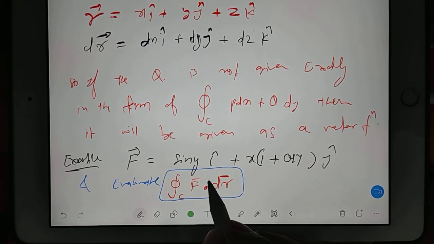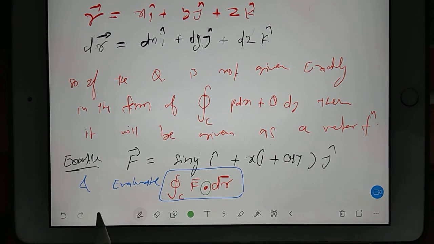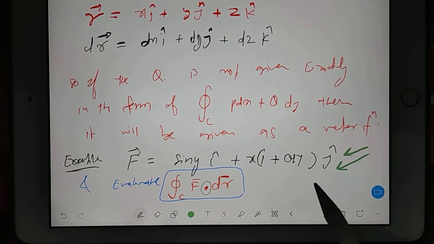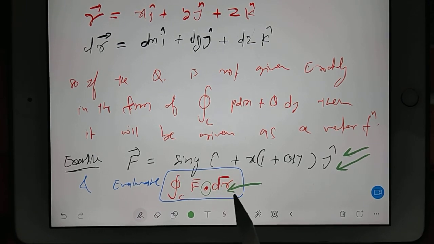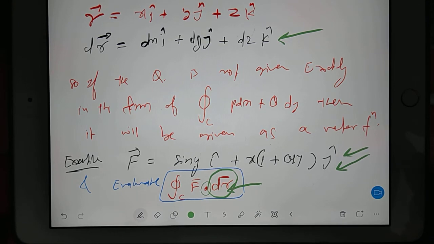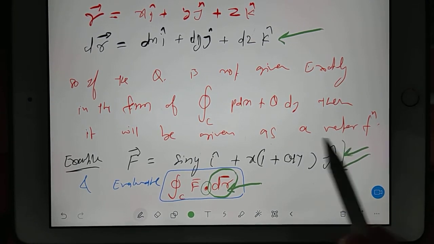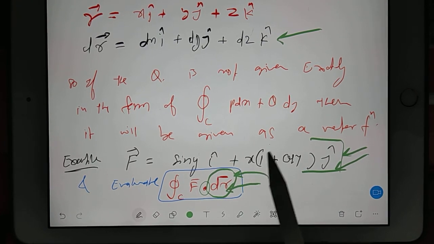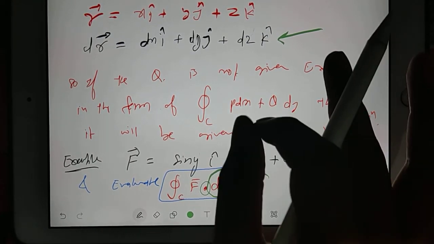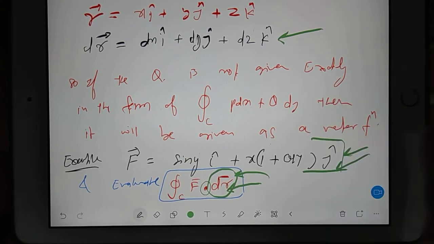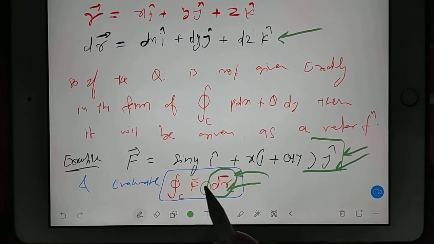Here we have a dot product, so if F is given like this and I do a scalar product with dr, then whatever format comes, there I can apply Green's theorem.